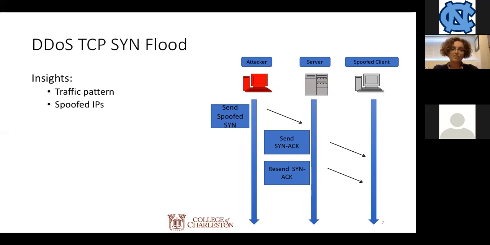The SYN flood is based on perverting the TCP three-way handshake. As you know, the three-way handshake is very nice to establish a connection. A client sends a SYN request, the server replies with a SYN ACK, and then the client replies with an ACK, and the connection is established.